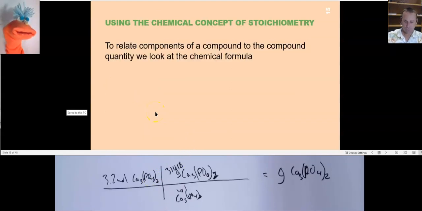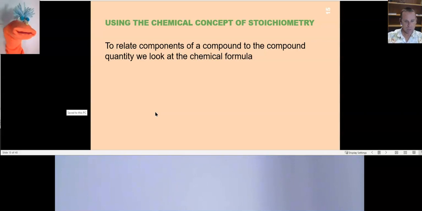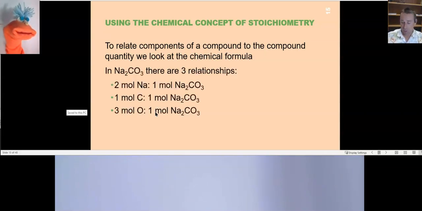So another valuable tool is the ability to use the stoichiometry of chemicals, not equations, but chemical formulas, to relate the number of moles of the different constituents in that chemical formula.